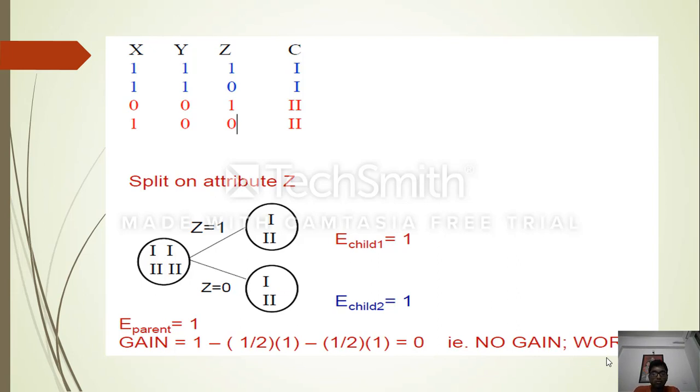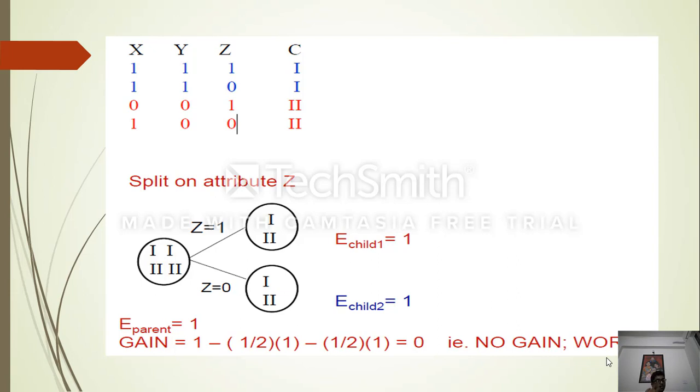Now we find how much information the child parts obtain from the parent data. That is 1 minus, for z, 2 by 4, 1 by 2 into 1 minus 1 by 2 into 1, equal to 0. That is, the amount of information that the child parts obtain from the parent is null.